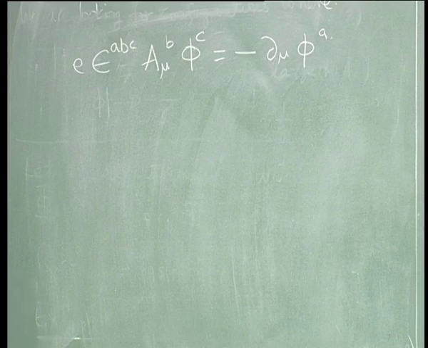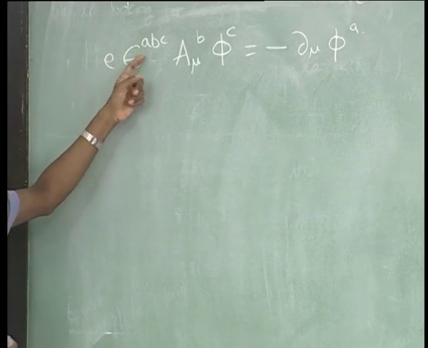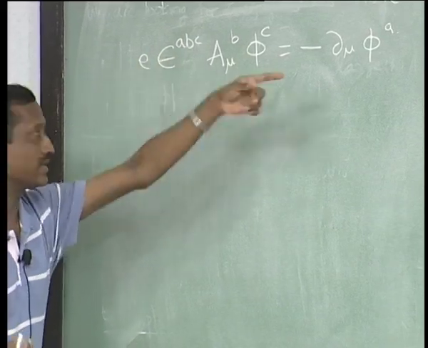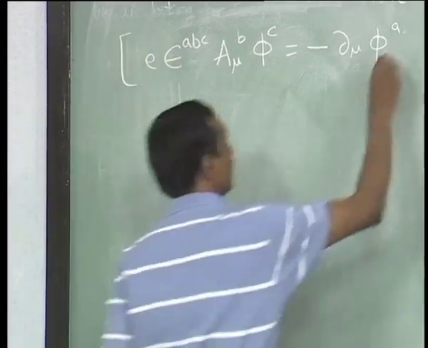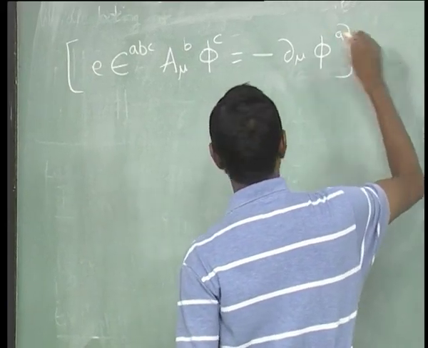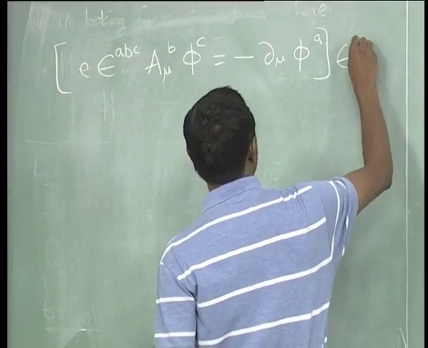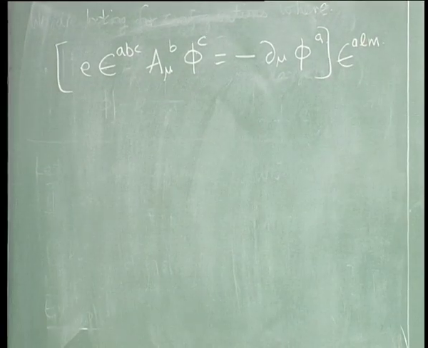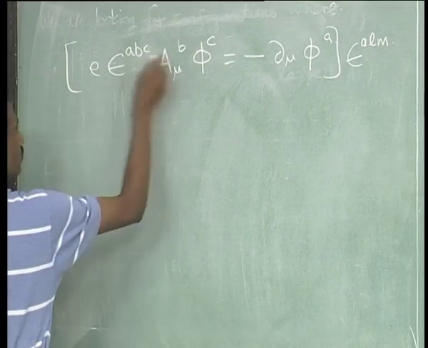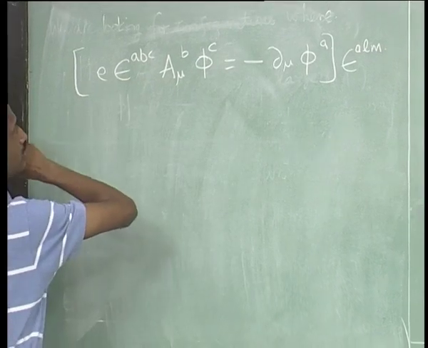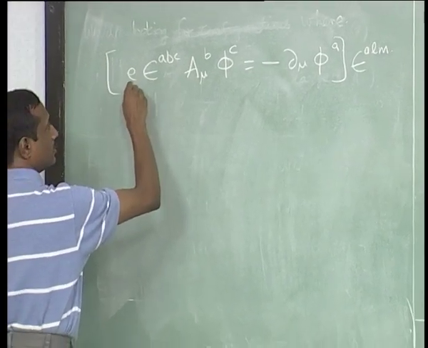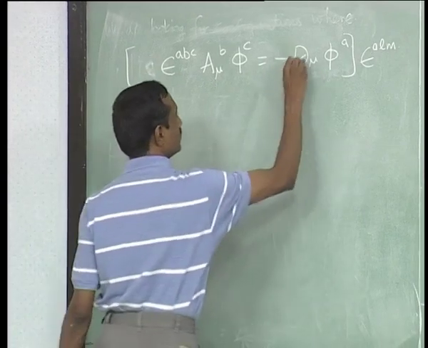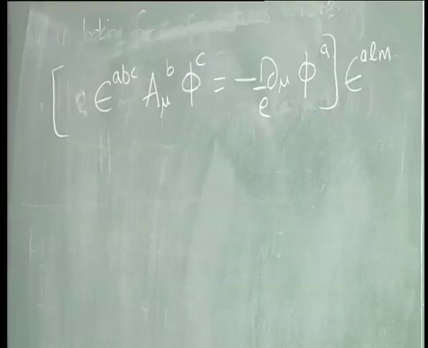So the first step to do that would be to get rid of this epsilon from here to that other side. Let us do that by multiplying this by epsilon a l m, and put 1 by e here.